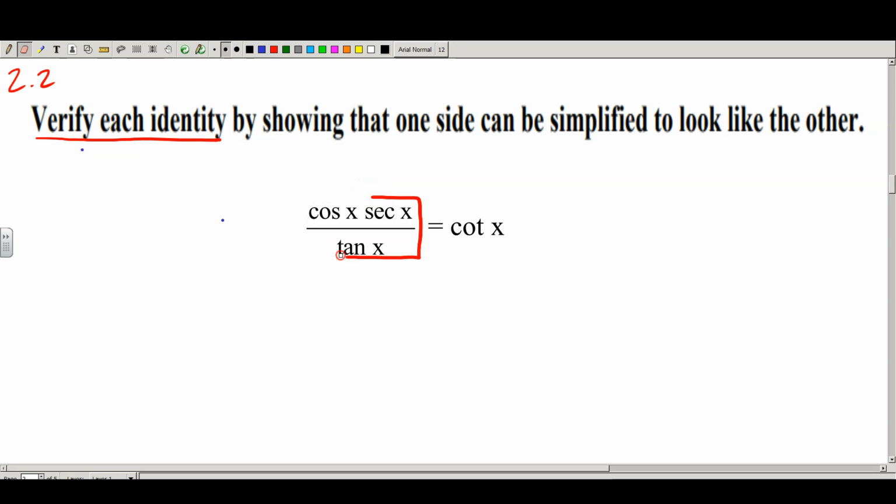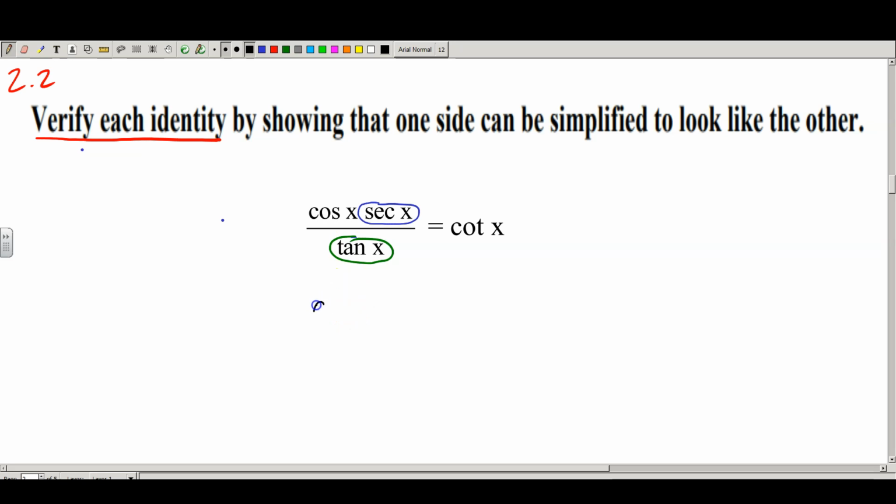So if I take the left-hand side and I start using the strategies that we talked about in 2.1, that would be things like Pythagorean identities, doesn't apply here. Factoring, can't do that here. I would probably start changing everything to sine and cosine in this problem. So I would look at secant and tangent, and I would change those to sines and cosines and see what I can multiply or divide out.